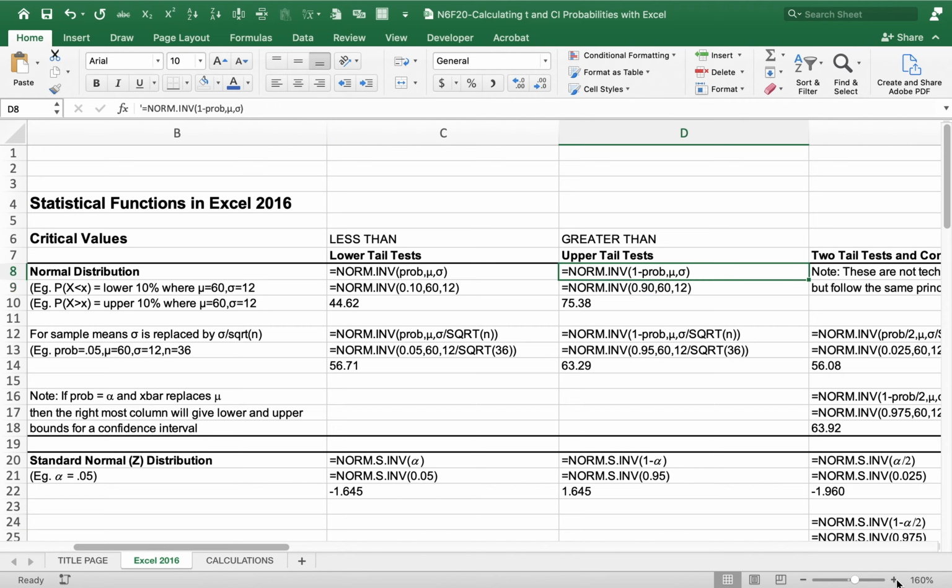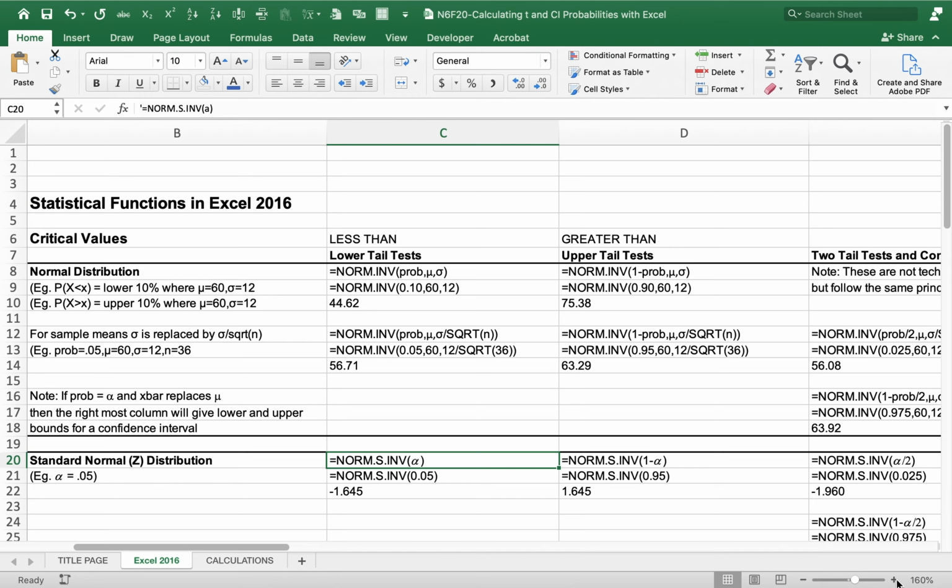Again, at this point we're not going to worry about the two-tailed test, but when we take a look at confidence intervals, we will. Same with the z values. We have a norm.s.inverse function, which will give you a z value that corresponds to some area down.